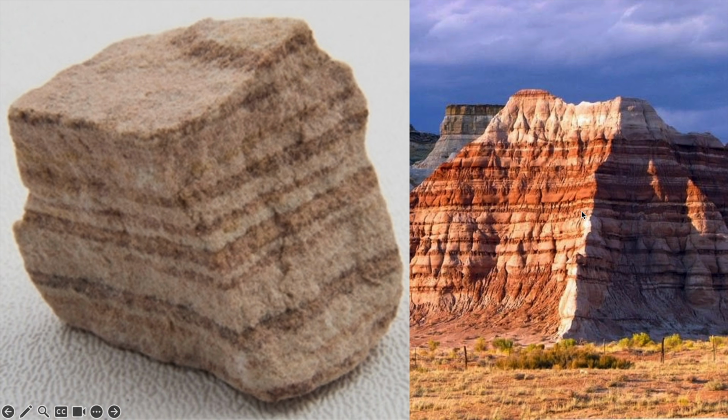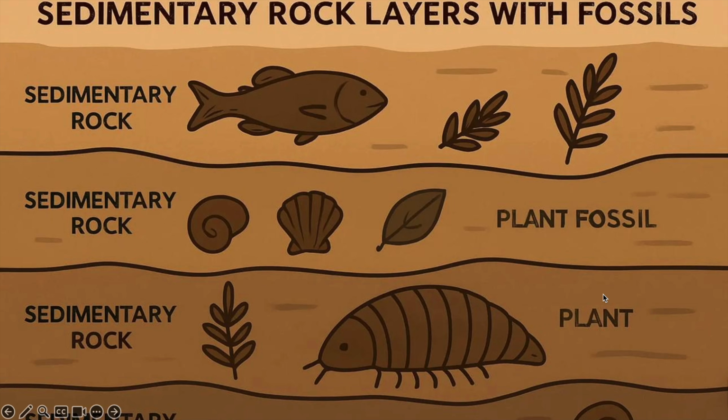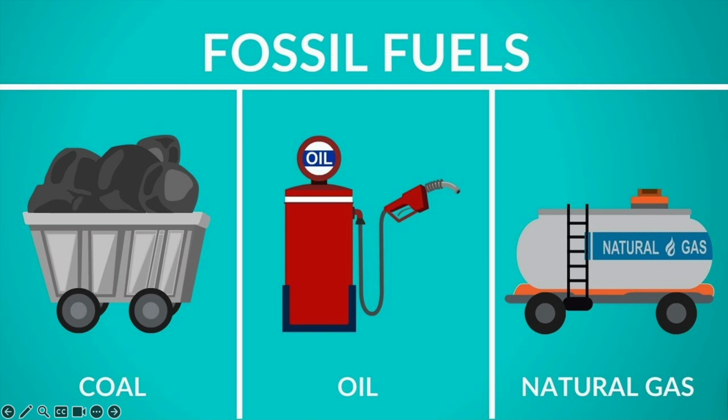The weight of this whole canyon, this whole mountain is pressing down on whatever is in this layer right here. And that's going to cause these organisms to decay. And it's going to get us our three types of fossil fuels. You have your natural gas, your oil, and your coal. Okay? These are your three types of fossil fuels.